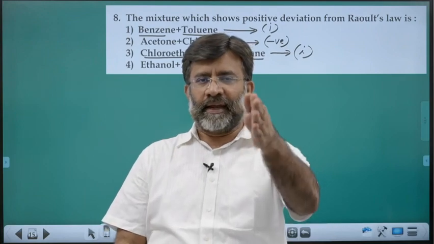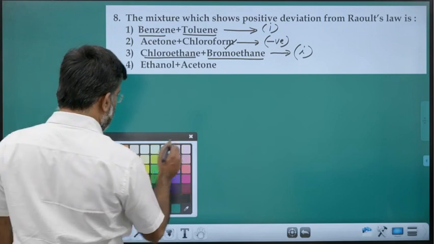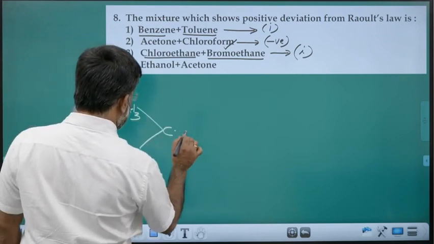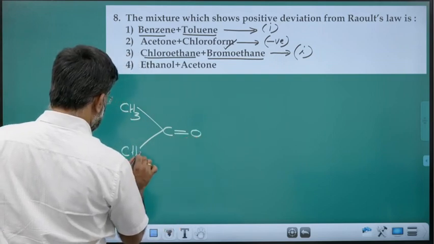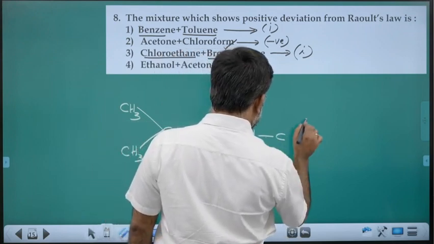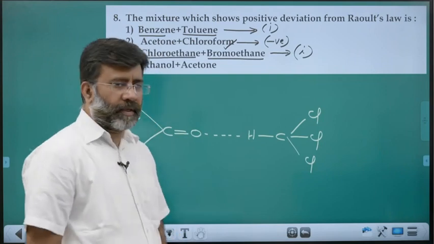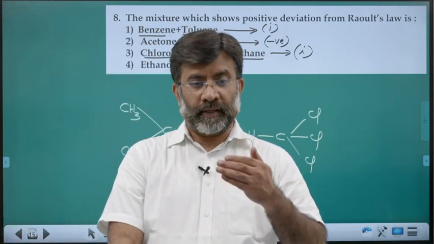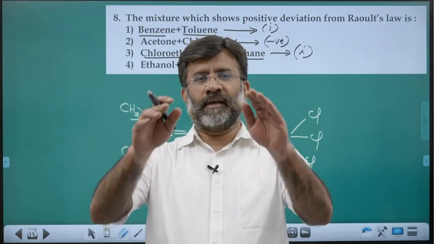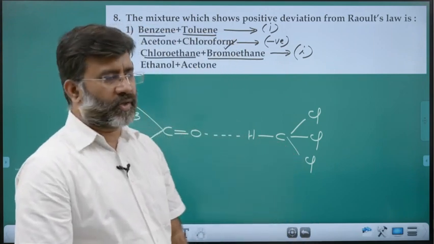You might have seen that in the textbook: the CH3 CO side makes a hydrogen bond with the hydrogen of chloroform. So after mixing, the molecular attraction increases, the vapor pressure decreases, and that forms a negative deviation solution.